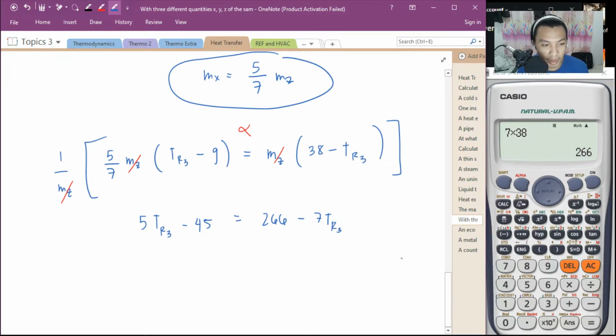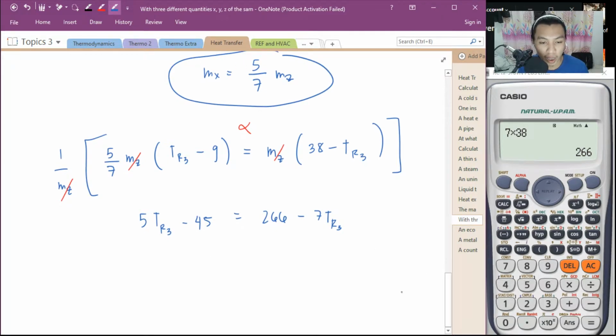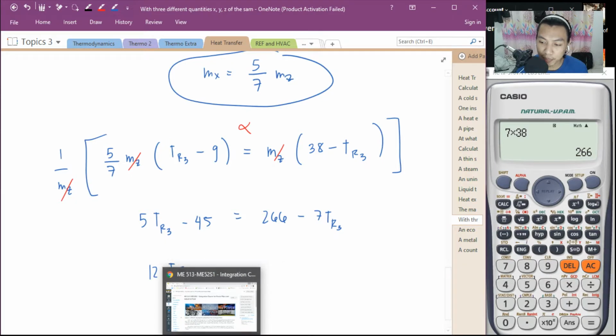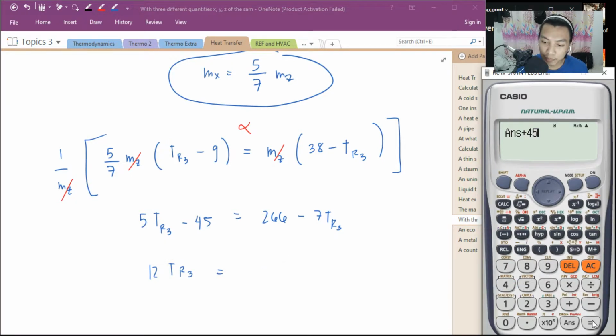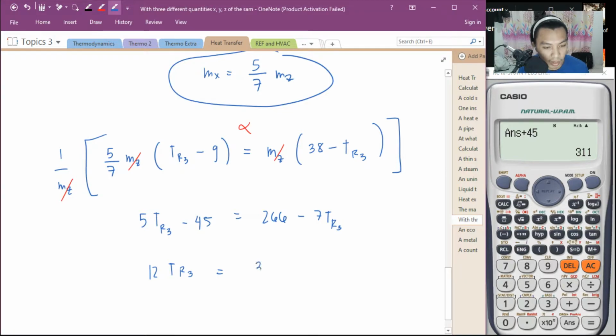TR3. Now, we can simplify both equations. So, 7 plus 5, I think that is 12 TR3 equal to 266 plus 45, 311. Divide both sides by 12.